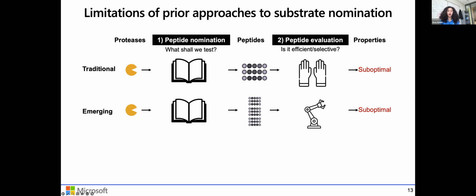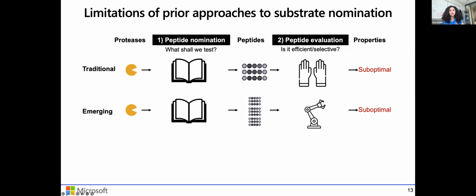The challenge here is that oftentimes these display-based strategies are very specialized, require a lot of prior knowledge and experimental expertise to actually deploy. And so for a general practitioner who may not be proficient in something like yeast display, this can also be limiting.